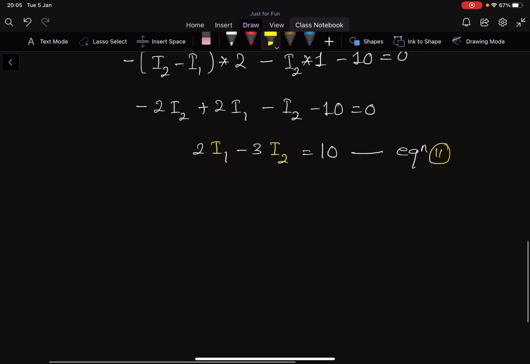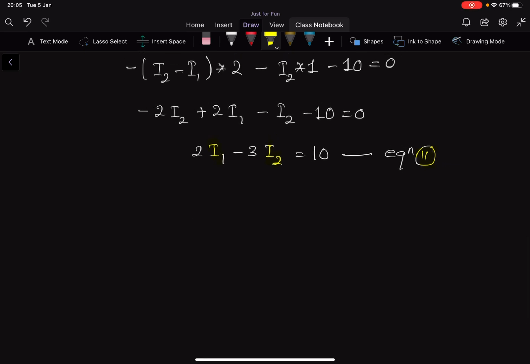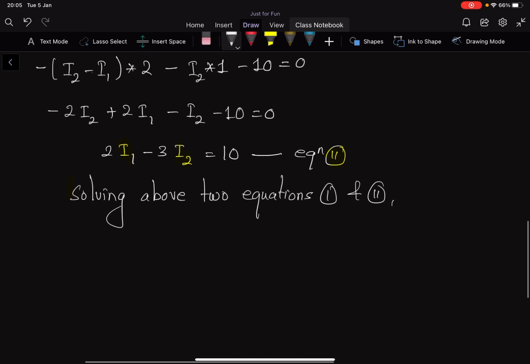So using calculator, or you can say using simultaneous equation, solving above two equations, equations 1 and 2, we get the value of I1 equals 3.6363 and so on ampere.